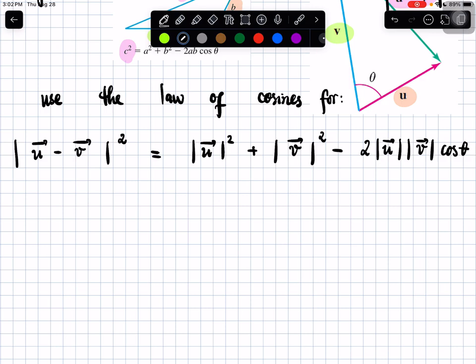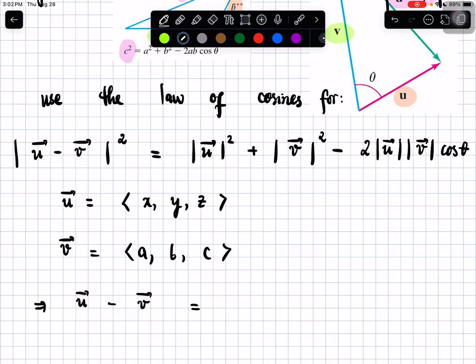Say vector u in R3 has 3 components, let me call them x, y, z, and vector v has components a, b, c. Then vector u minus v is the vector (x minus a, y minus b, z minus c).